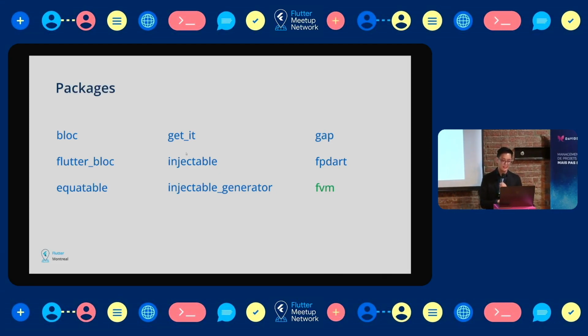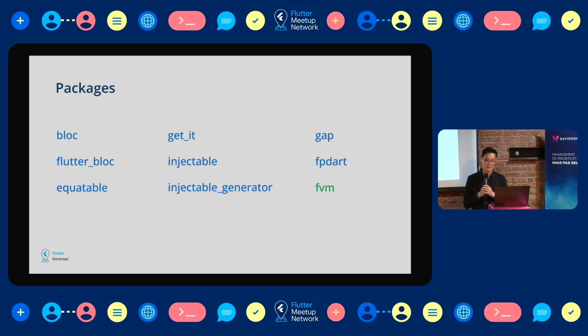We use GetIt and the Injectable generator to create the injection and all the links between the injection parts. And Gap is very good, it's a very small package. It just creates gaps, but it's so useful. It's nothing, but it's very good. And fp_dart is just for the use case layer.